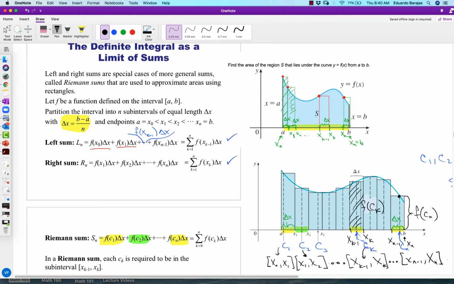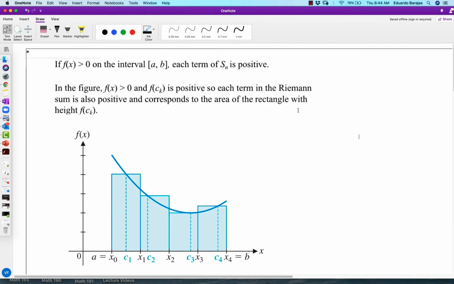It's the Riemann sum as k ranges from 1 to n of f of c sub k times delta x. If f of x is strictly greater than 0 on the interval from a to b, each term of s sub n is positive. So in the figure, f of x is strictly greater than 0, and f of c sub k is positive, so each term in the Riemann sum is also positive and corresponds to the area of rectangles with height f of c sub k.